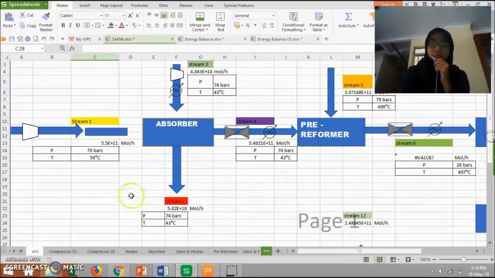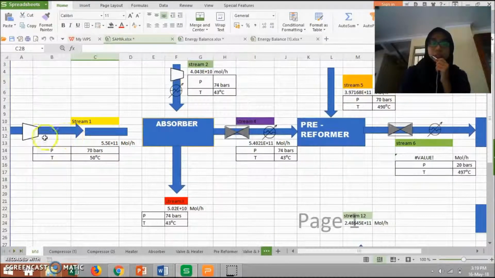The absorber is a non-reactive unit which helps to remove the H2S. For our energy balance, there are two streams, stream 1 and stream 2, that I will focus on for the absorber.